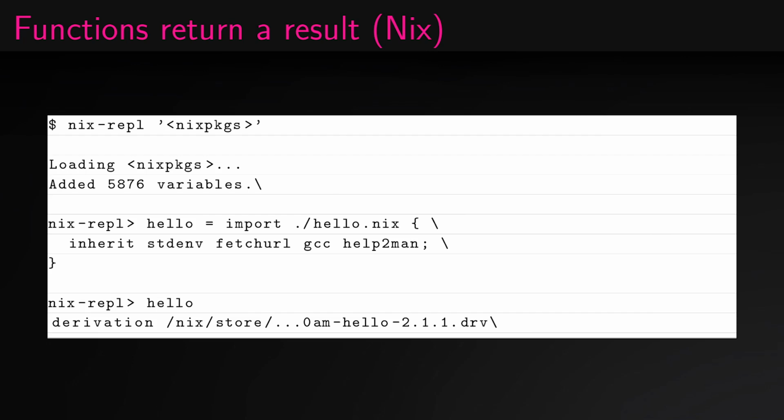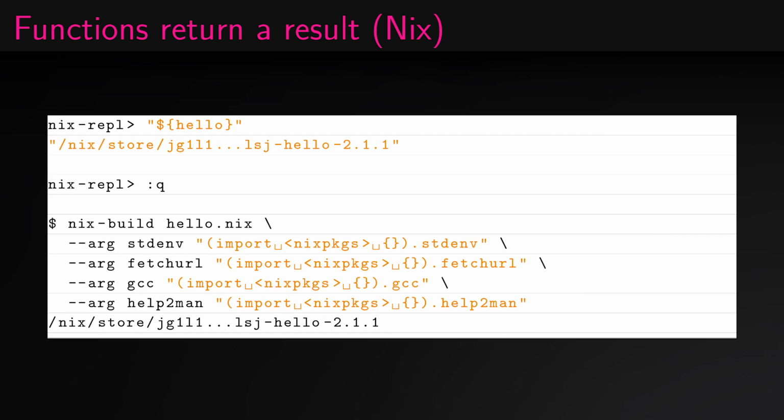And then at the bottom, you'll see that if we try and see what that hello variable is bound to, it's just this lazy value of a derivation. And then here, we can force the evaluation of the hello package value, and it will result in a path. This is a path in the Nix store, with a whole bunch of characters in there for the rest of the hash.